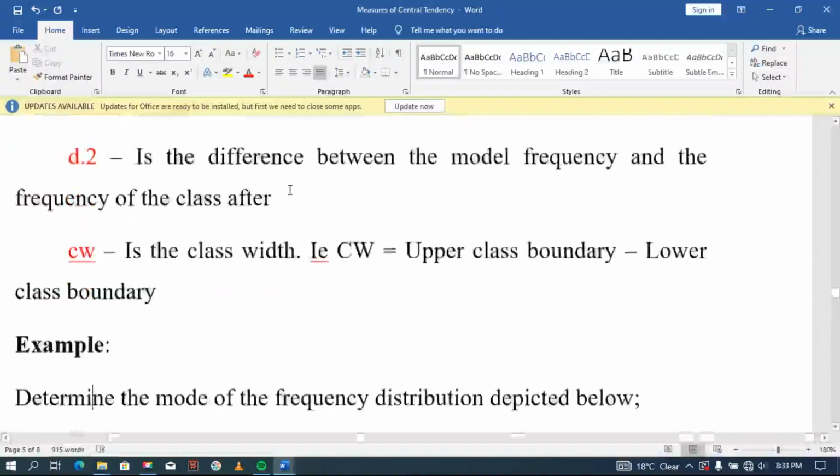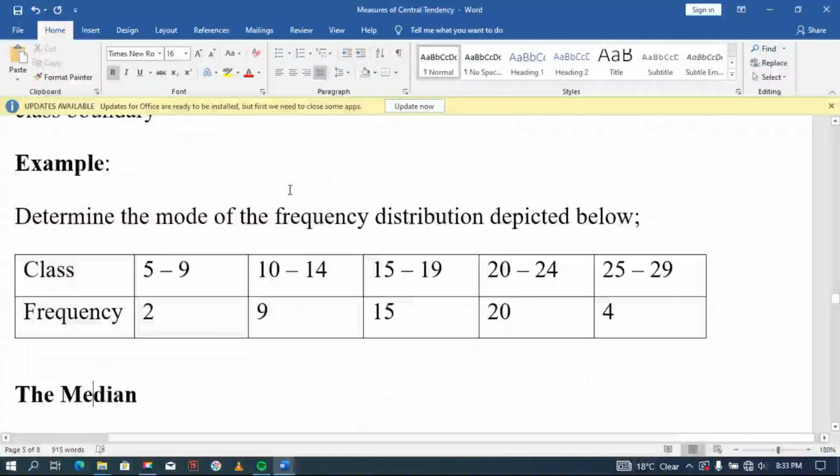We have an example that says determine the mode of the frequency distribution depicted below. We have class intervals of 5 to 9, 10 to 14, 15 to 19, 20 to 24, 25 to 29.